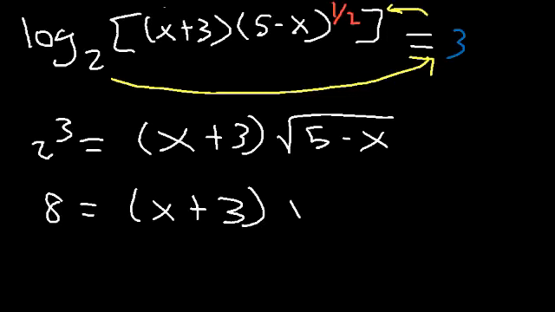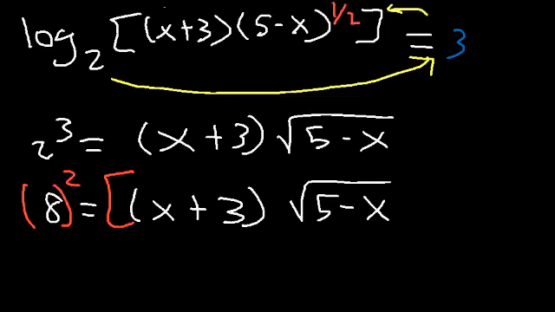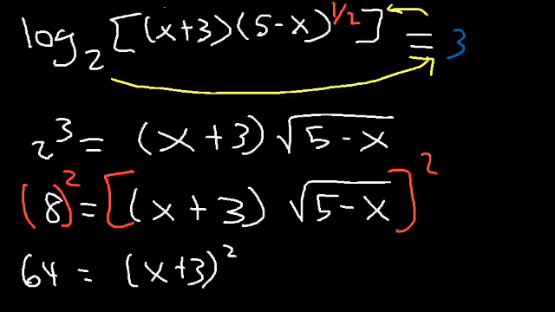So here's the difficult part, solving for x in an expression that looks like this. So first, let's get rid of the radical by squaring everything. 8 squared is 64, x plus 3 squared is just x plus 3 squared. And when you square a radical, it's going to disappear, so we're just going to have 5 minus x.